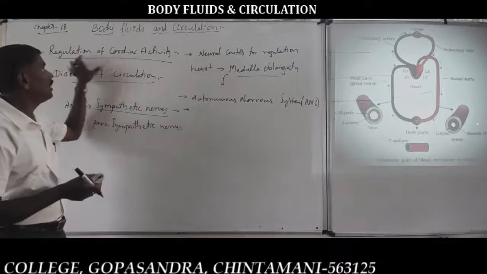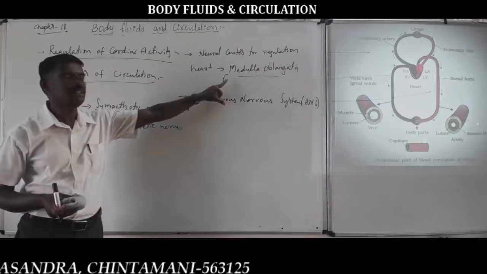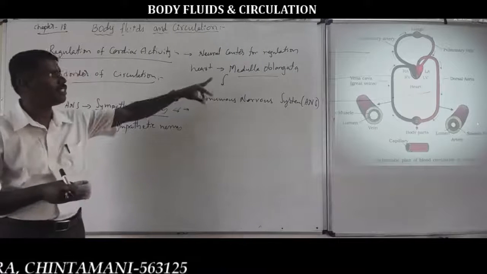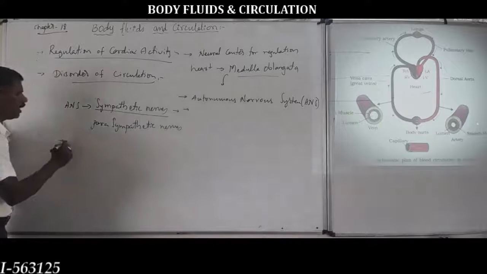That is the regulation of cardiac activity by the help of the neural center present on the medulla oblongata.